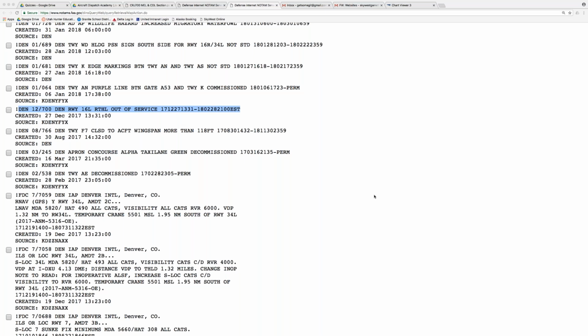Depending on how the weather is, if it was close to minimums, like say it was right at 3 miles and 2,000 foot ceilings, in my forecast I would probably put an alternate just to be safe.